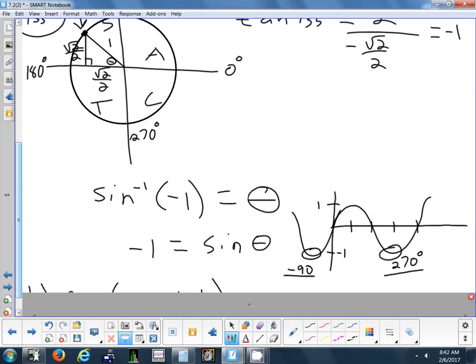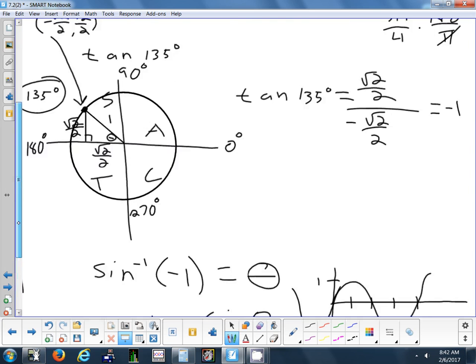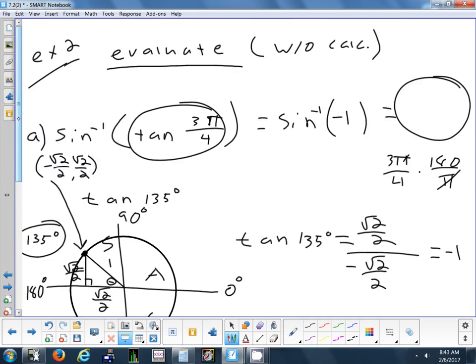So either one of those answers is acceptable: 270 or -90. I'm just going to scroll back up and see if the directions said write your answer as a positive. Nope, I don't see that anywhere, so we could write either answer. 270 or -90, or there's an infinite number of other answers, which I'm not going to write.